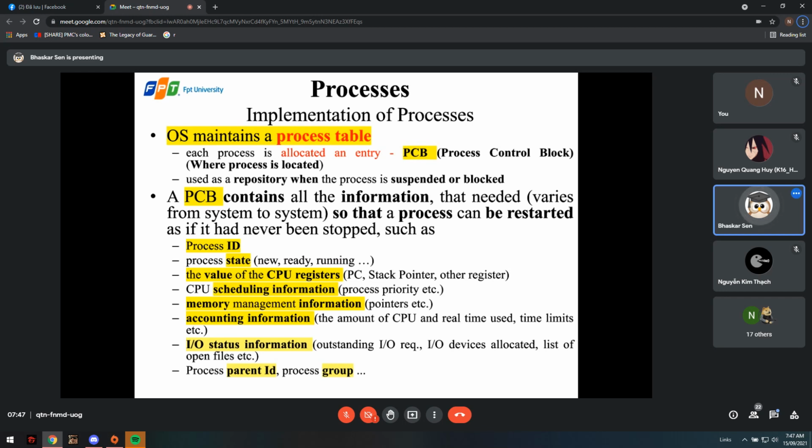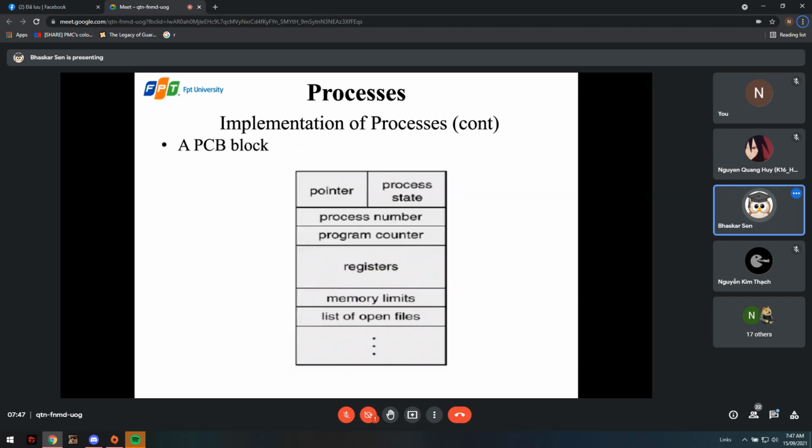So we have a PCB associated with each process on the process table. So we have a process table, and each entry of the process table register is associated with a PCB.